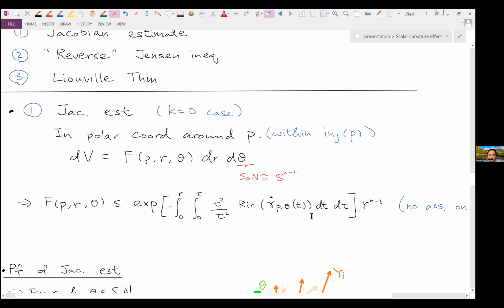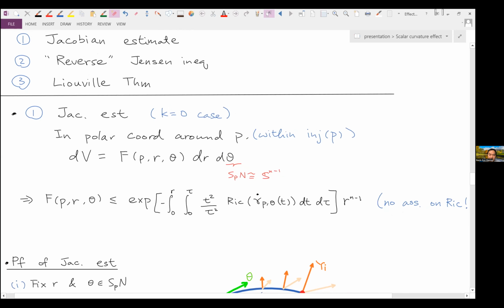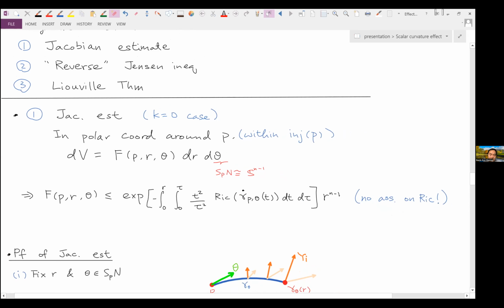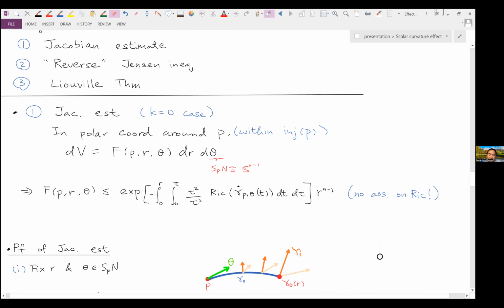Then the exponential of 0 is just 1. So in this case, it's just saying that F is bounded above by r to the power n minus 1, and that's exactly the Euclidean Jacobian. Another thing I want to emphasize is that there's no assumption on the Ricci curvature. That means this Jacobian estimate is true for any manifold as long as you are within the injectivity radius.